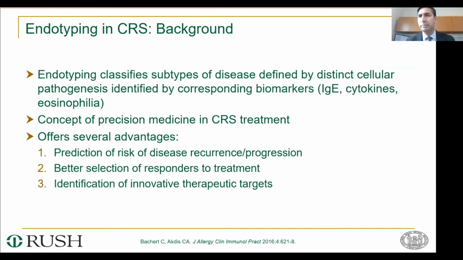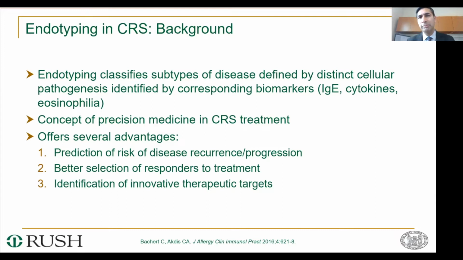Now, there's been a fair bit of work that's been done by many colleagues across the country and the world, really looking at endotyping as a way to subcategorize the disease by distinct cellular pathogenic features. And we can look at multiple biomarkers such as IgE, presence of tissue eosinophilia and cytokines, and it really gets to this concept of precision medicine to guide treatment of chronic rhinosinusitis.